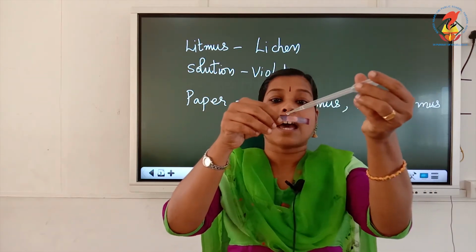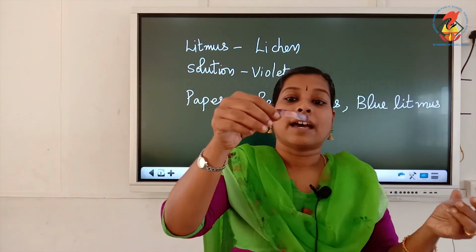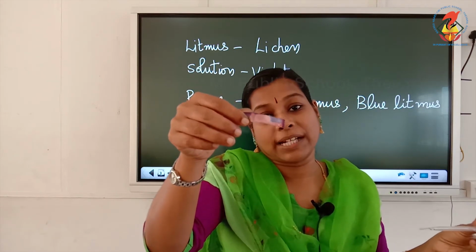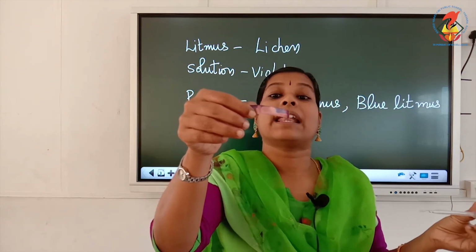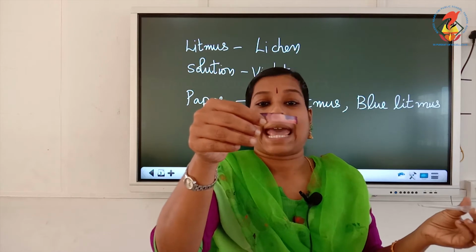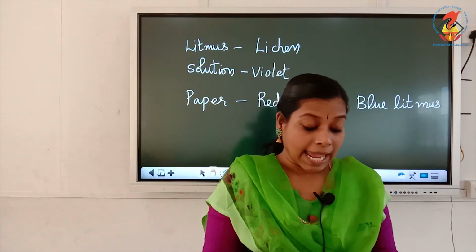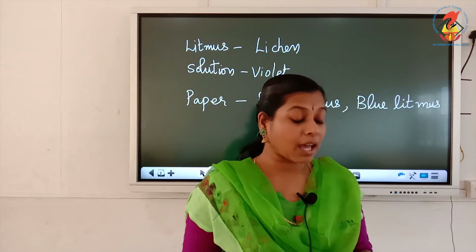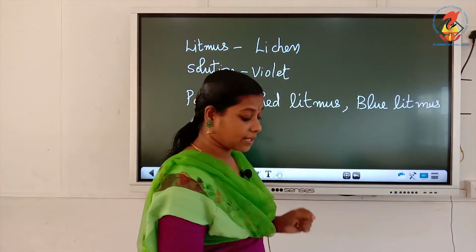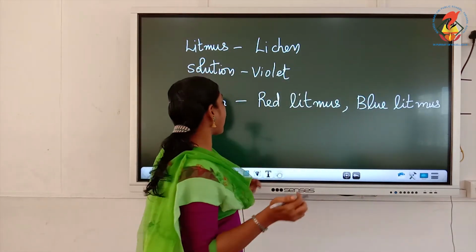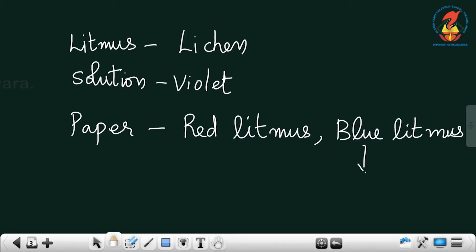This is the red color. The blue litmus paper will change to red in color when in contact with acids. Okay, so now you understood. Litmus is an indicator which shows color change when in contact with an acid. In acids, blue litmus will change to red.